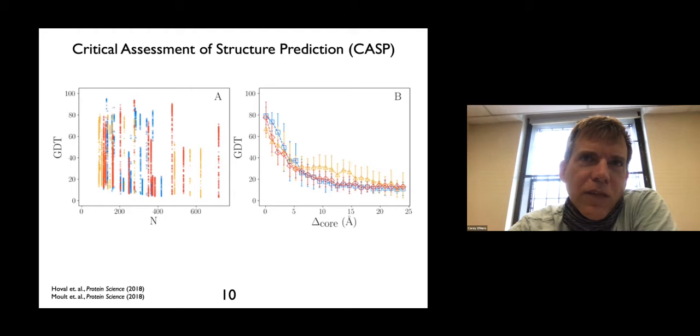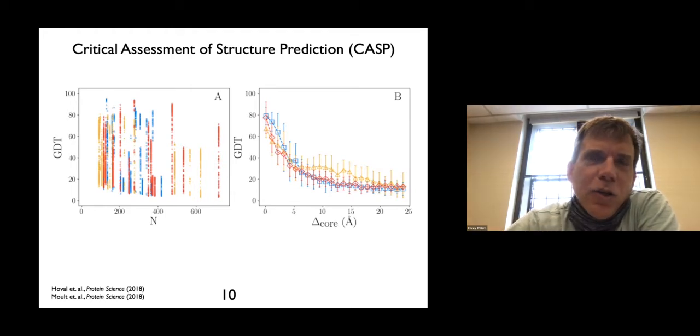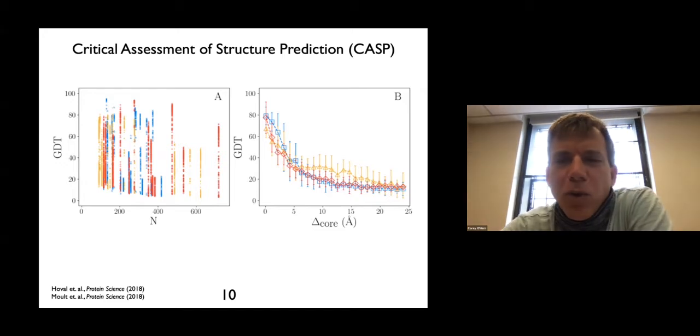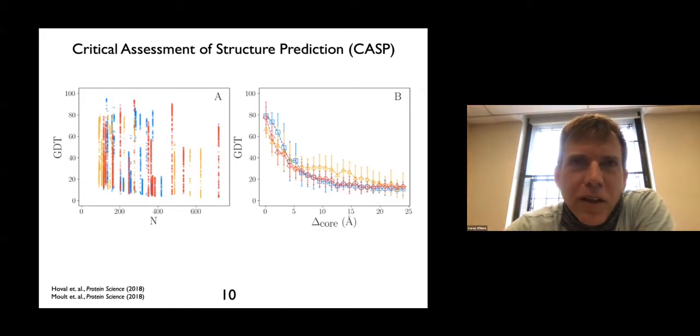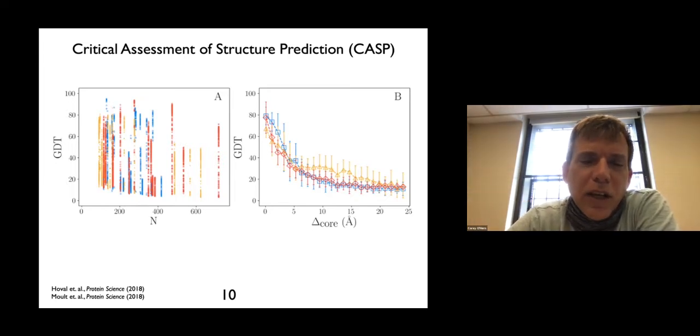They give the sequence to the community, and the community can use whatever techniques are available. It could be neural networks, homology modeling coupled with molecular dynamics, a whole spectrum of machine learning approaches, whatever. You're given a little bit of time, and then you produce what you think the structure of the protein is.